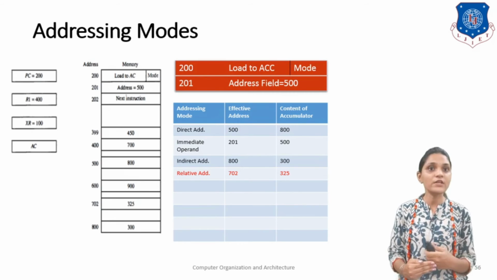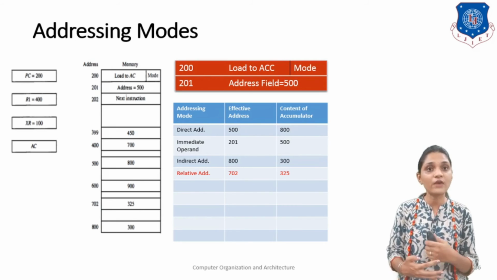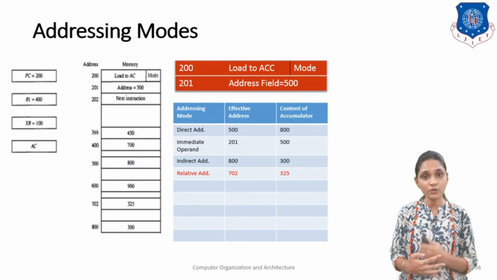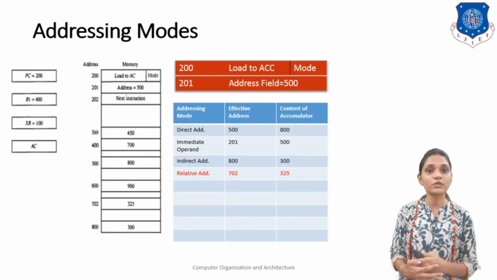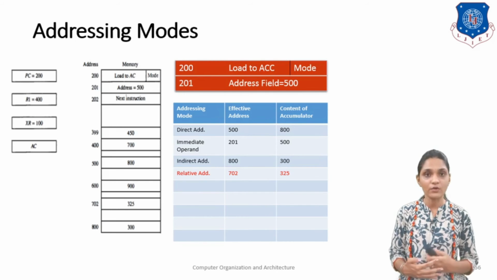And your address field is 500. That means your actual address where your operand is stored will be 500 plus 202, which equals 702. So your effective address for the relative addressing mode will be 702, and from that location your data, that is 325, is going to be stored into the accumulator.